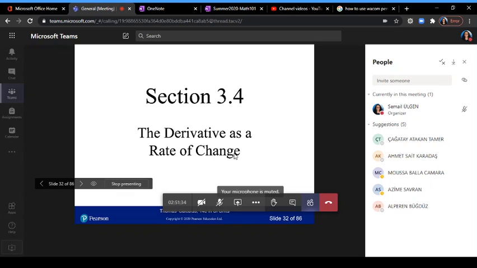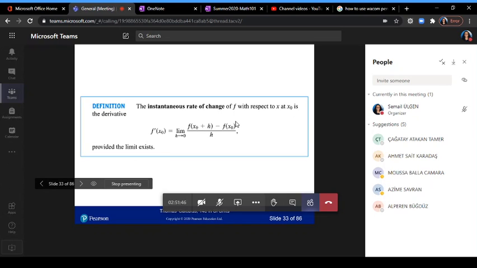Okay, in section 3.4 we look at the derivative as a rate of change. If you remember in chapter 2 we mentioned a little bit of average velocity, the average speed. Average speed would be just this part.